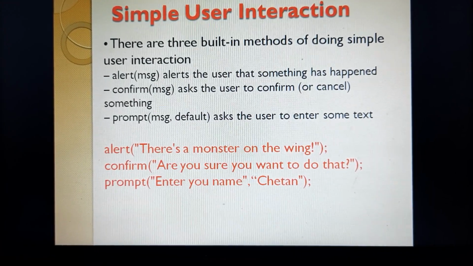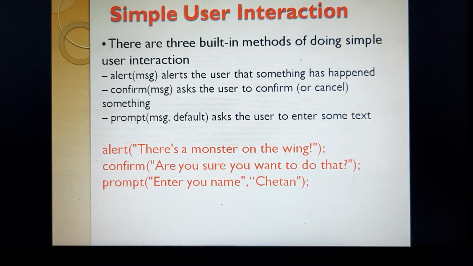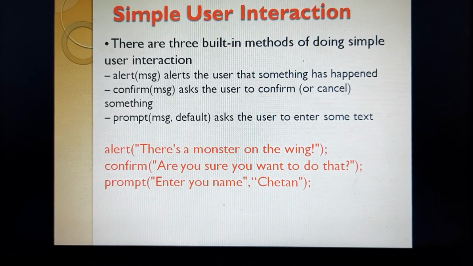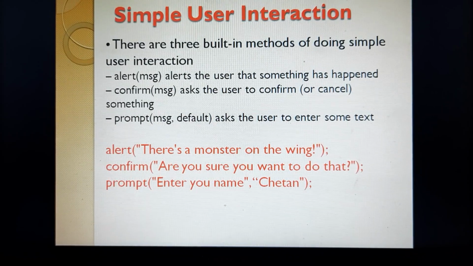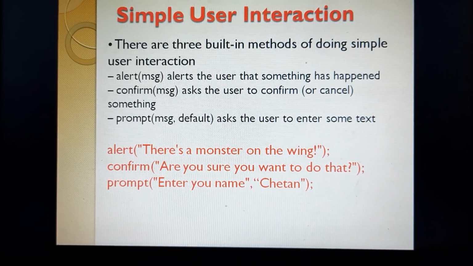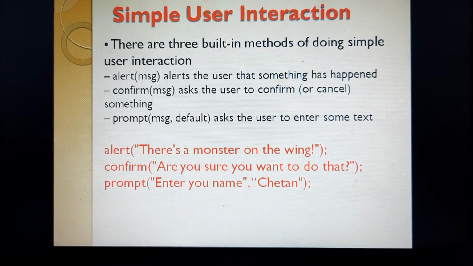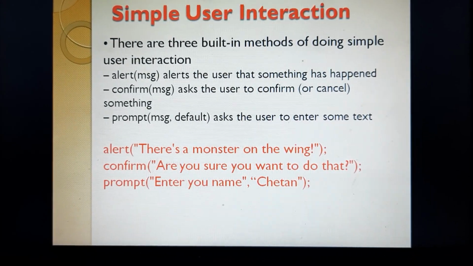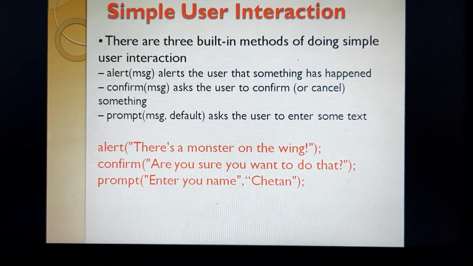And the second is the confirm dialog box. It asks the user to confirm. In brackets we have cancel also, meaning it will display two buttons, OK and cancel. We need to confirm our action by clicking OK, and we can cancel our action by clicking the cancel button.